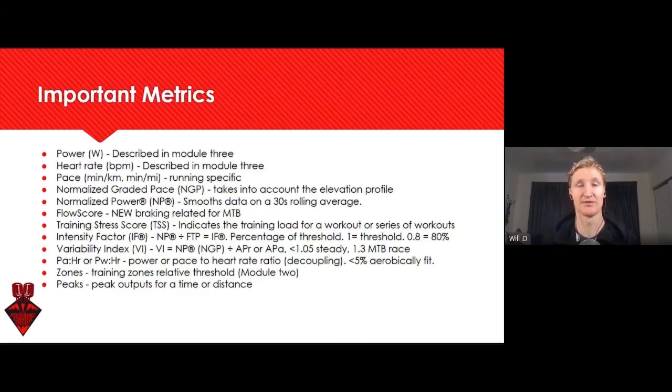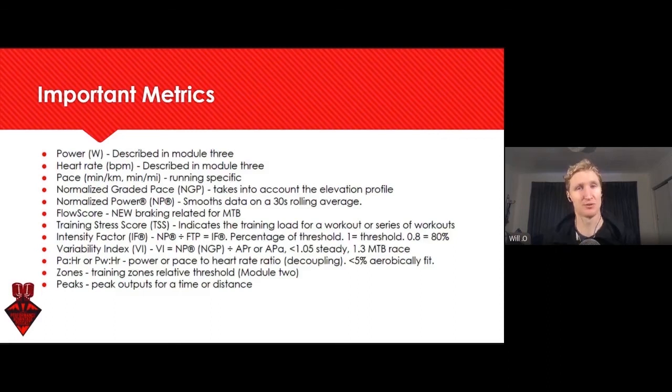Less than 5% is aerobically fit. There's not a lot of decoupling happening, whereas if you are holding a steady heart rate and your pace and power starts to drop and drop and drop, it starts to indicate a lack of aerobic fitness. And we've gone over that in the previous modules.